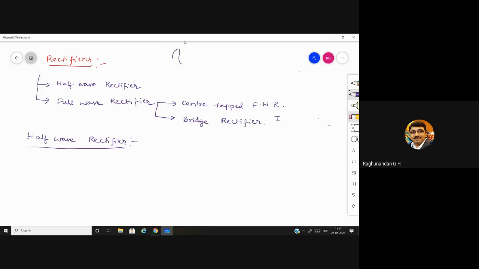One cycle means this is one complete cycle. It is going to rectify only this much. This portion is considered to get converted to DC, and this portion is completely considered as zero. Okay, why will it consider it as zero? Let us see. With the circuit we can understand it better.